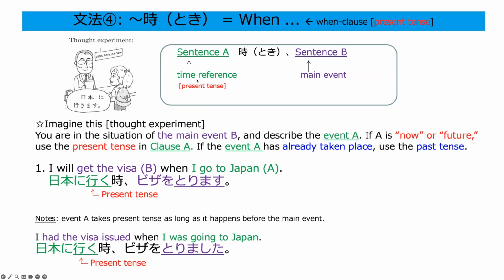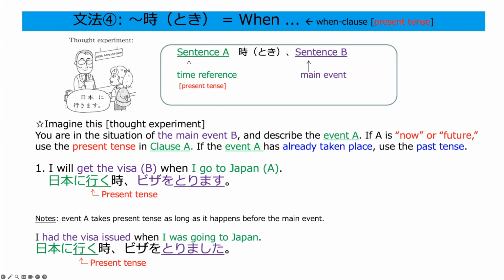I'm going to use the same example taken from the textbook here. Okay, here Mary-san is going to Japan. 日本に行きます. That's why she's at the, I don't know, she's American, right? However, in this case, she needs a visa, maybe during the COVID. So she came here and is getting a visa.